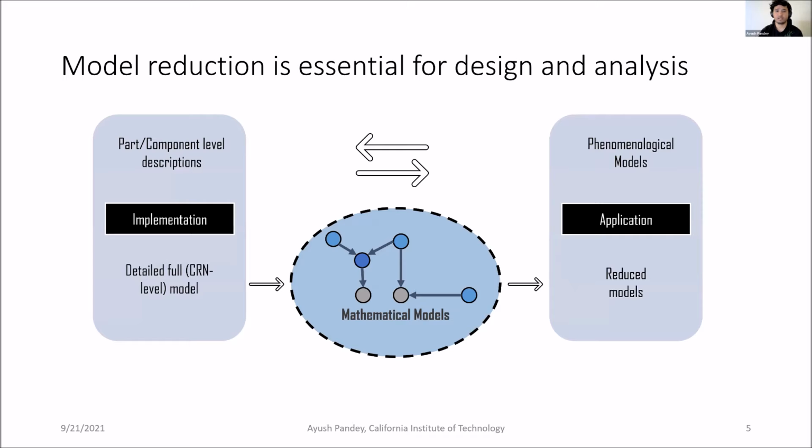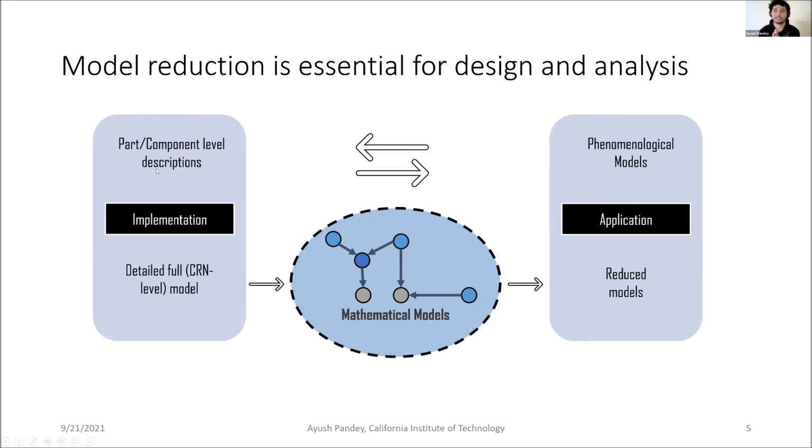as I was talking earlier about how model reduction is important for parameter inference, it's even clearer with this picture here. So on the left, if you have a part and component level description of a system, and this is something that you can create using Biocompiler, the tool that we discussed in the previous part, or if you can just create this detailed model of a system by hand.